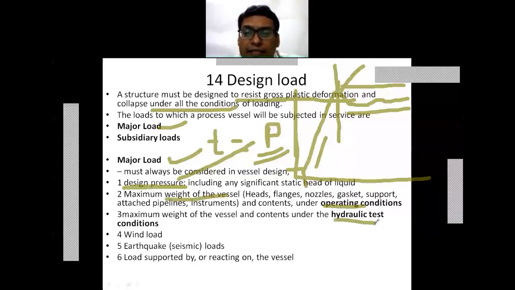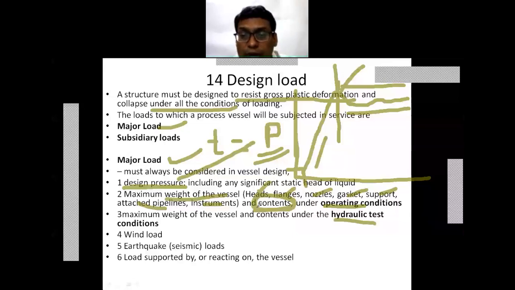Now this maximum weight will also incorporate the weight of the heads, flanges, nozzles, gaskets, supports, different pipe attachments and different instruments. All these are to be taken into consideration while calculating the maximum weight of the vessel.